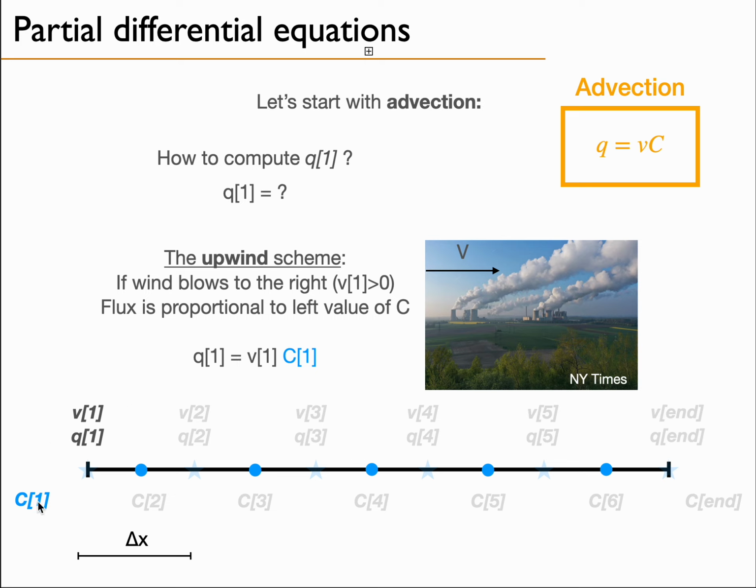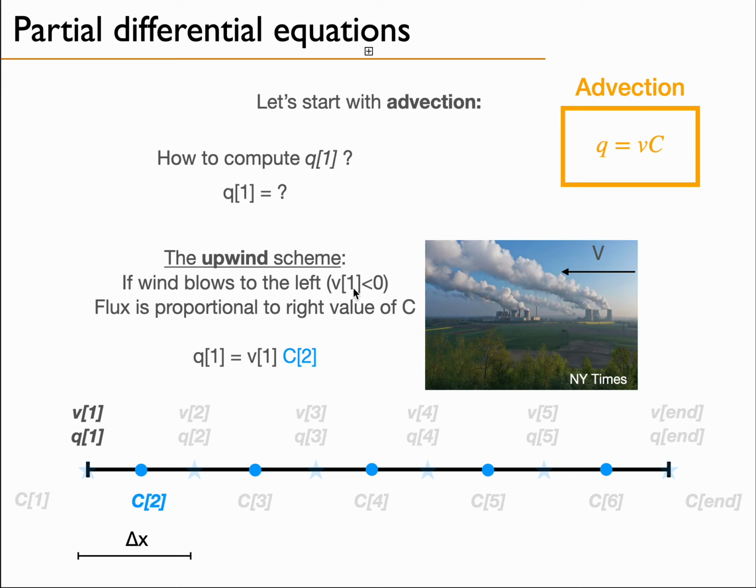We take the value to the left and transfer the information in the direction of the wind, which is to the right. In the opposite case, if v is negative now, the wind is blowing to the left, the flux will be proportional to the right value of c. So flux will be v1 times c2. So we transfer the information in the direction of the wind.